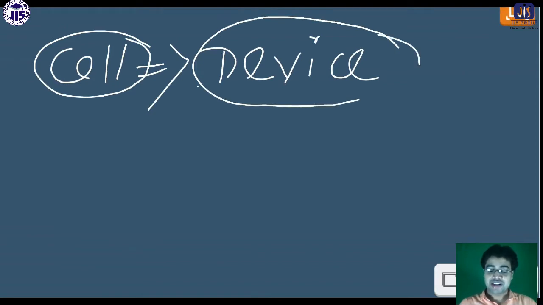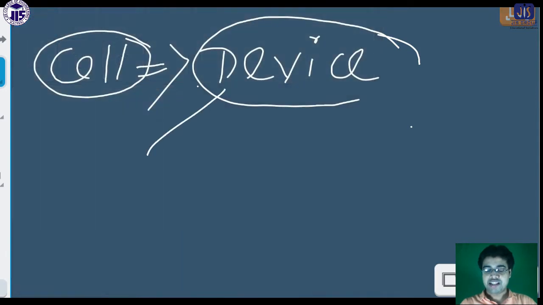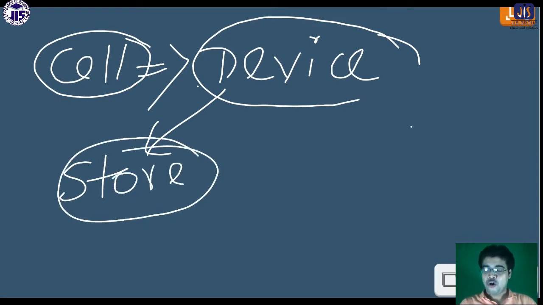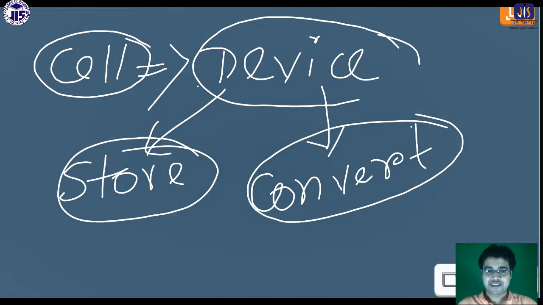That means there are two wings of the definition. We can say that a cell is any device which can store energy for a long time, or a device which can convert energy from one form to another form.